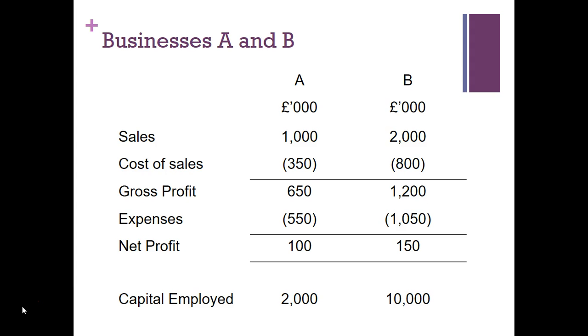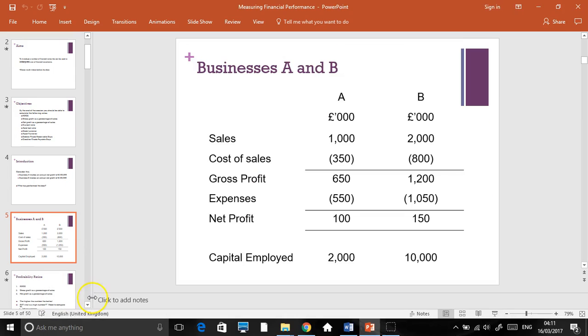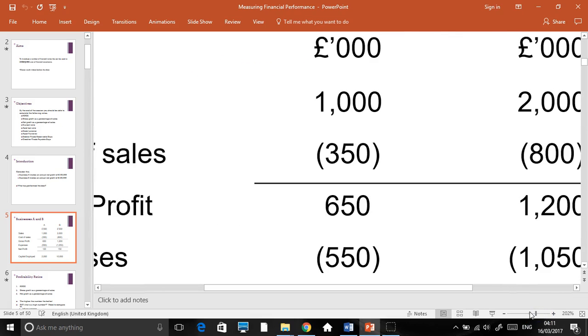we need to look at the income statement, and we also need how much money was actually invested in this business. So, let me see if I can make this bigger.